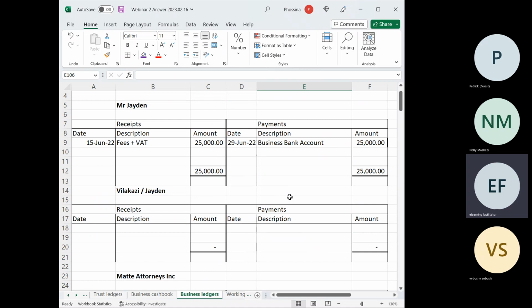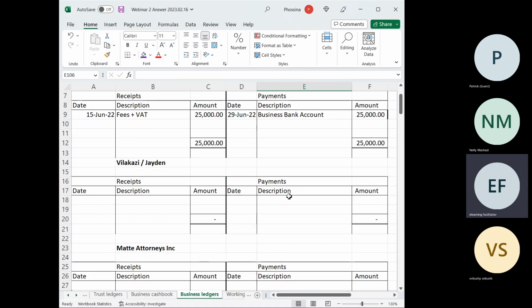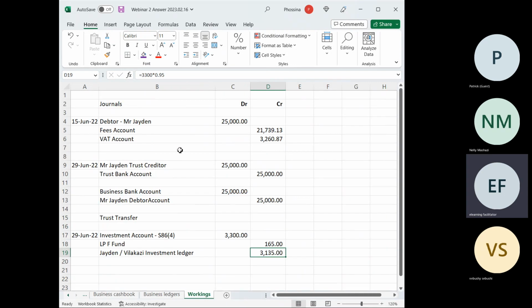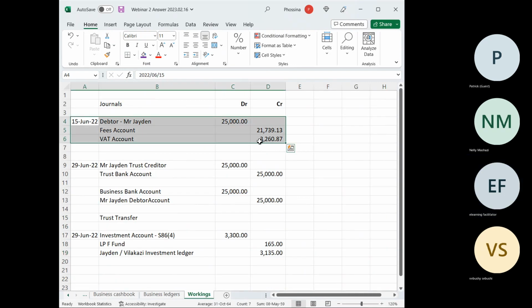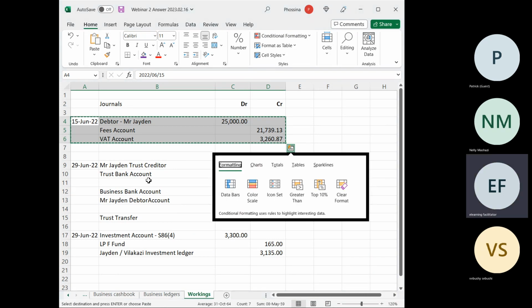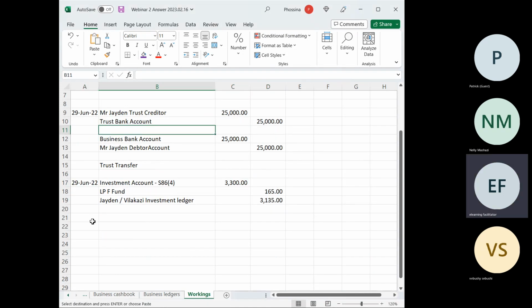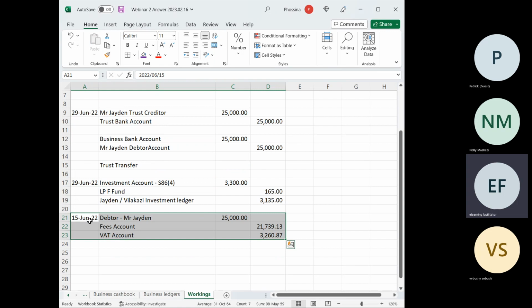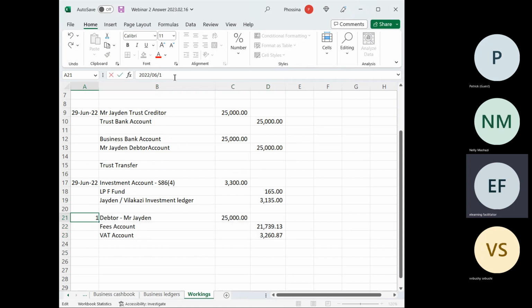So in this case, we'll start with recording our fees. So it's the same concept with this one of the fee. For us to determine our fee, we have to come and calculate. So these are our calculations. And then our data is Mr. Jayden stroke Mrs. Vilakazi.